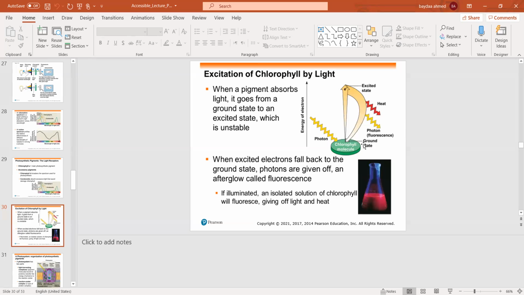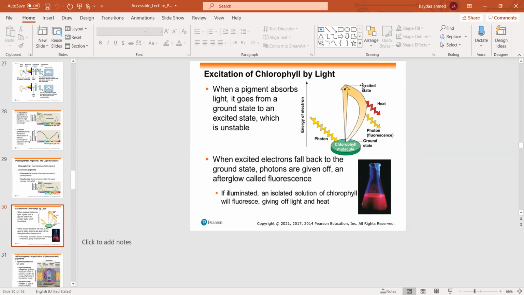Absorption of a photon boosts an electron to an orbital of higher energy, and the pigment molecule is then said to be in an excited state. Once absorption of a photon raises an electron to an excited state, the electron cannot stay there long. The excited state, like a high energy state, is unstable.